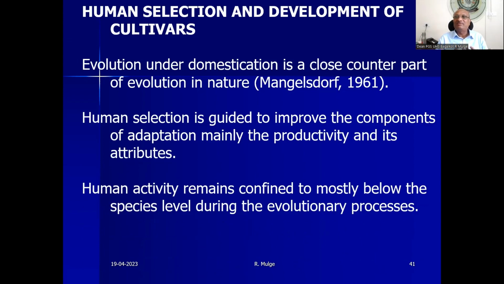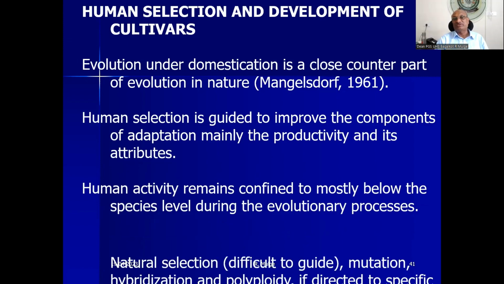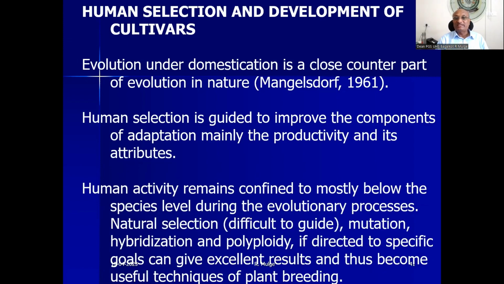It's only utilizing within species whatever variation is there. Human activities remain confined to mostly below the species level during the evolutionary process. So natural selection is difficult to guide, right? Natural selection, because it's a long process. You cannot predict what kind of natural selection pressure is going to happen this time.